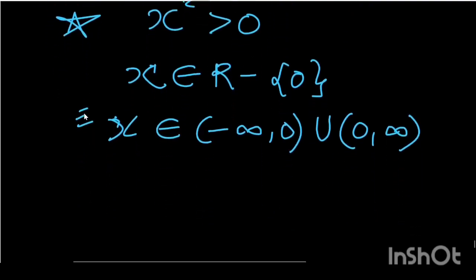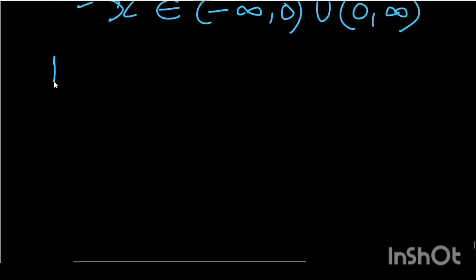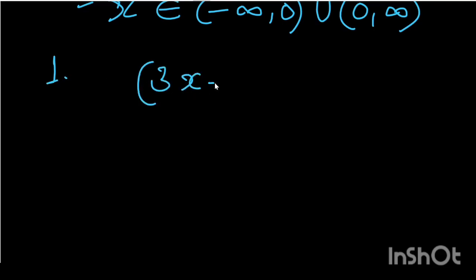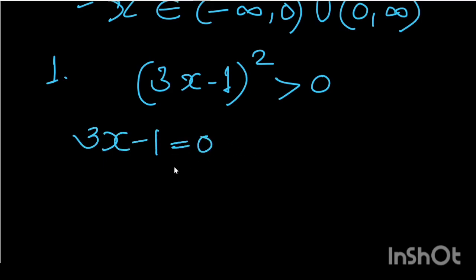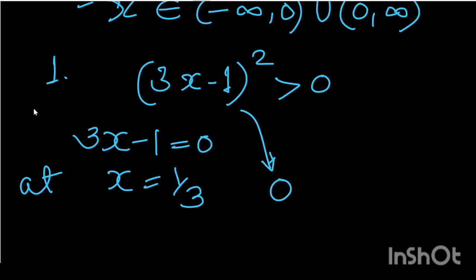Okay, guys. So for example, if I ask you, what is the solution of 3x minus 1 whole square greater than 0? Tell me. So you can use this above fact. Obviously here also x can be anything, but if you substitute a point where 3x minus 1 vanishes, which is 1 by 3, so at x equals 1 by 3, this 3x minus 1 whole square becomes 0.